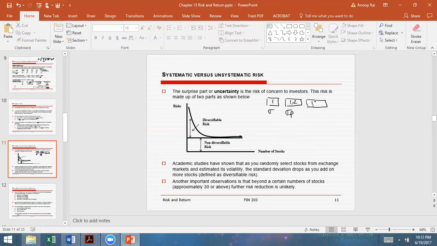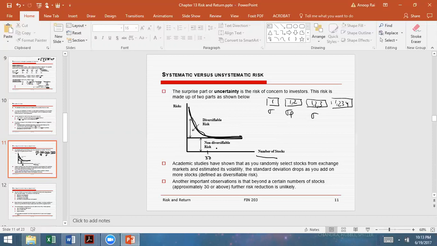Then three stocks, and four stocks, etc. On this axis is the number of stocks and on this axis is the risk. It turns out that I continue to lower my risk as I add more and more stocks, up to roughly 30 randomly selected stocks. I can do it multiple times. But after I select 30 stocks, my risk, or volatility, tapers off as measured by the standard deviation.